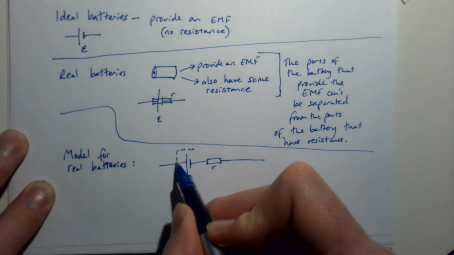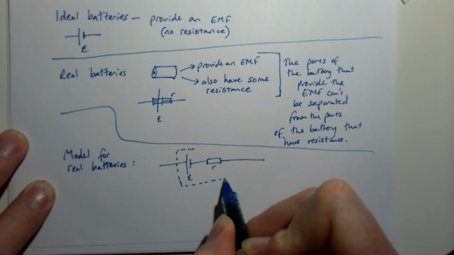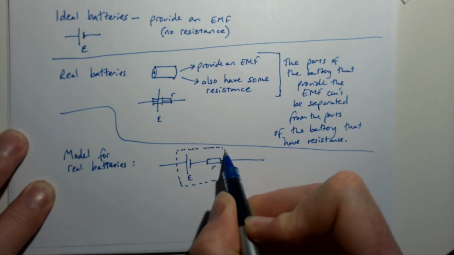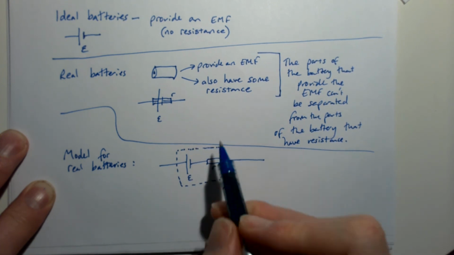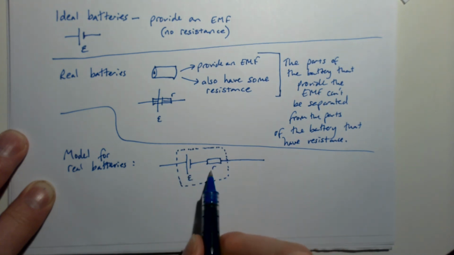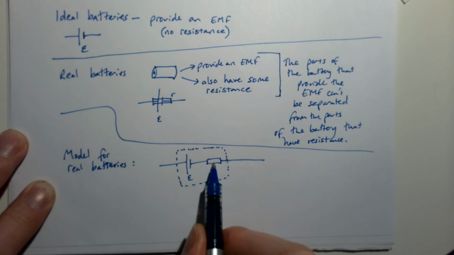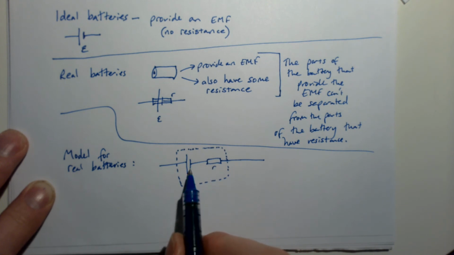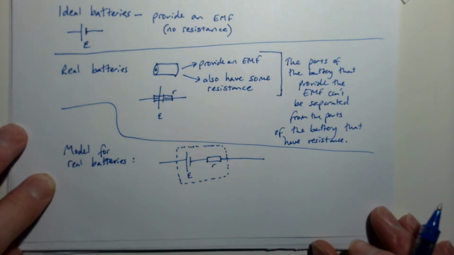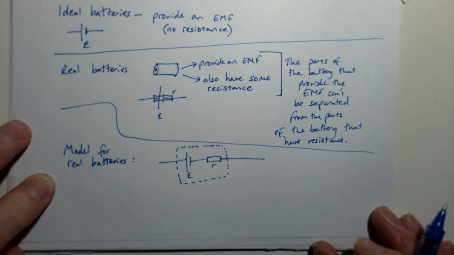And then what we do is we draw a dashed line around those to show that all of this is within the battery, and this is our model. We've separated out the battery's resistance from the part of the battery that provides the EMF, because then we can do circuit analysis on things which are separate.